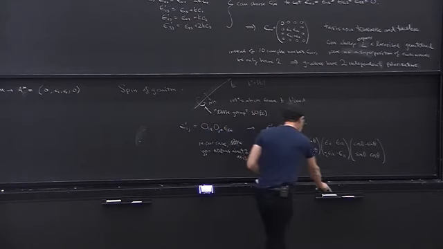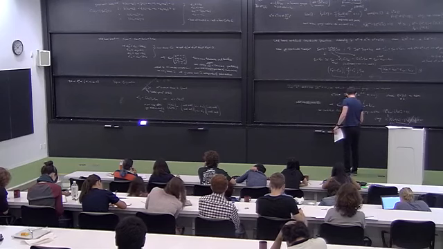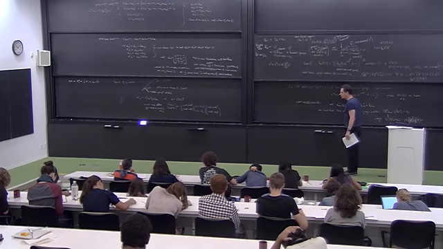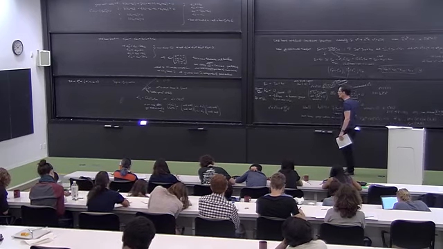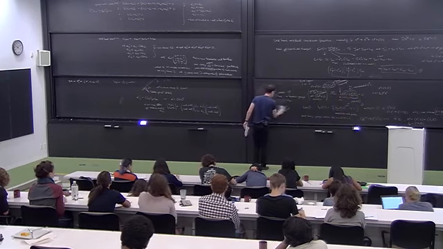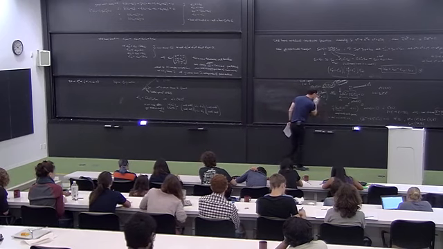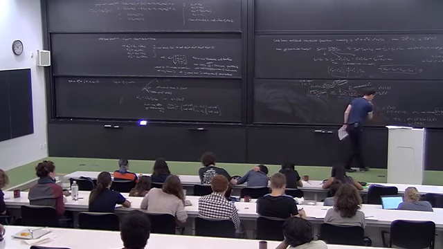And then there is a very nice trick from group theory. So there's a theorem in group theory that any abelian group, abelian means that all the elements commute, any abelian group has only one-dimensional irreducible representations.